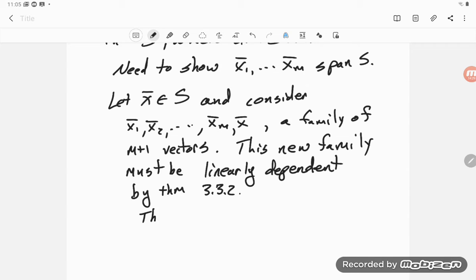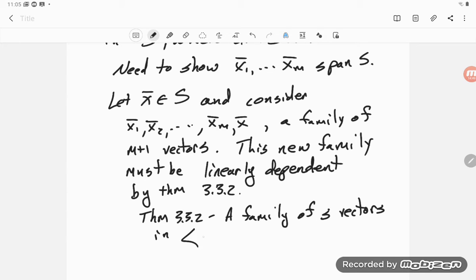Remember that theorem 3.3.2 simply says a family of s vectors in the span of x1 to some xr is linearly dependent if s is greater than r.